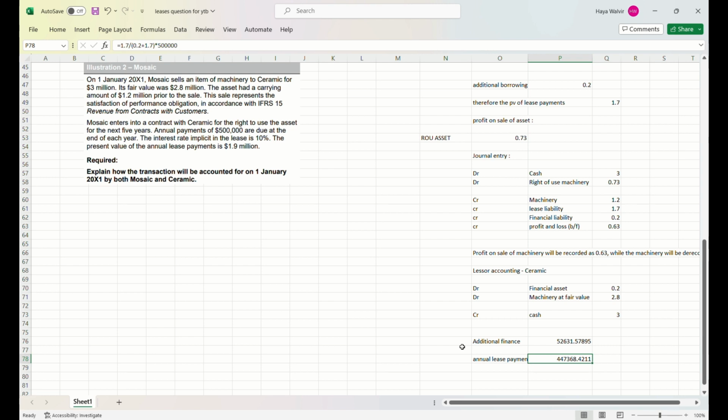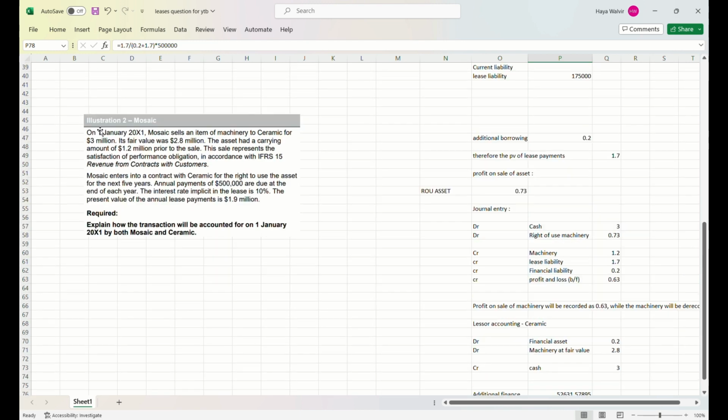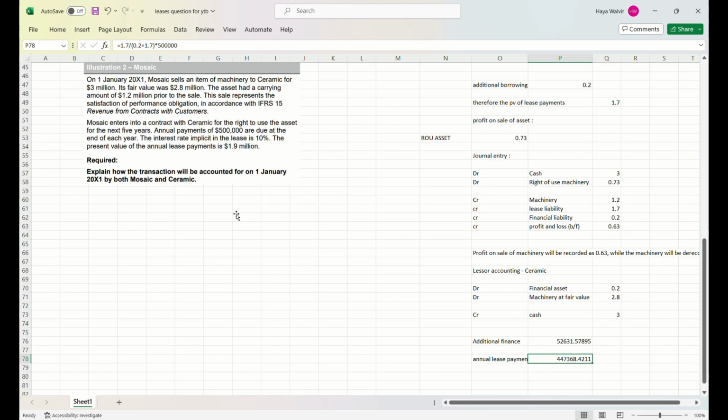See, the simple thing you have to remember for additional finance is that you are netting off the profit you got on the sale against the lease payment. That's it. So for me, from 5 lakhs I netted off 52,000 additional finance every year, and I end up getting 4,47,000. My lease payments have reduced as a result. It's a good thing.